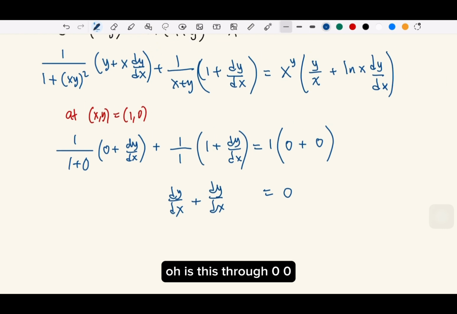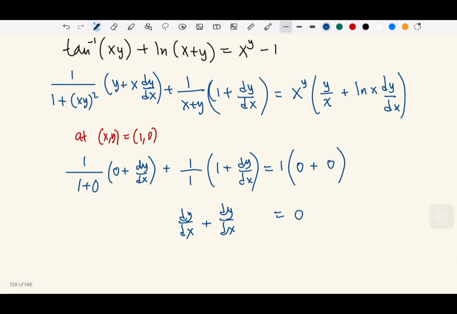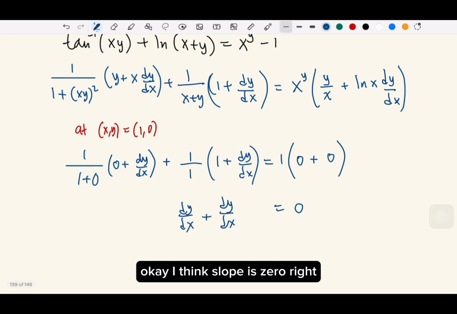Oh, is this true? 0, 0, 1 half. Wait. Let me check. Is this true? Okay, I think the slope is 0, right?